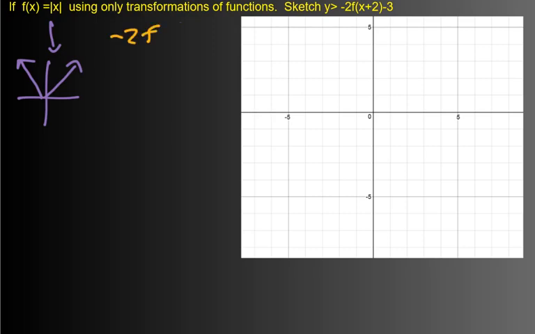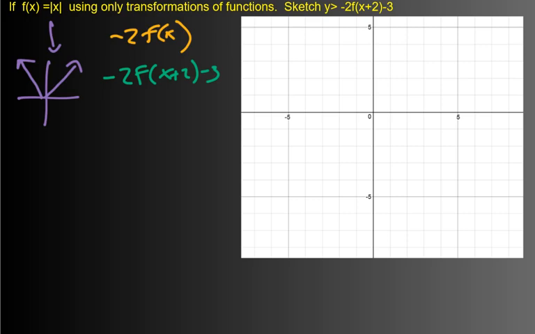So we'll do negative 2 f of x in yellow. Then I think we can just jump to the final answer from that point. Because it's a greater than, I'm going to do these two things in dotted lines, and then I will do the shading last.